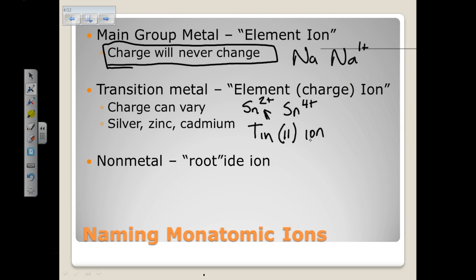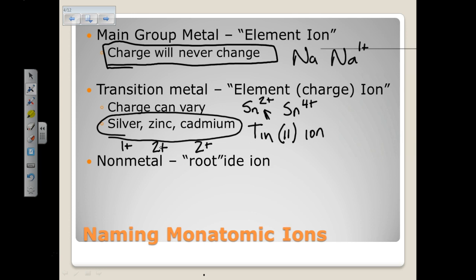Okay. Now, 3 exceptions that prove the rule are silver, zinc, and cadmium. Silver always has a 1 plus charge. Because its charge will never change, we don't put its charge in parentheses. Zinc, same thing. Charge never changes, is always 2 plus, and cadmium is 2 plus.